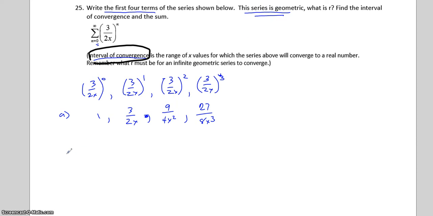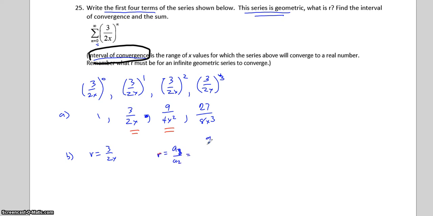So what is r? You might just be able to see r as 3 over 2x, but as a little review exercise, how could we find it? Well, if you know a series is geometric, I could take any 2 terms, let's take a sub 2 and a sub 3, and divide them to get what r would be. So r would be a sub 3 over a sub 2.